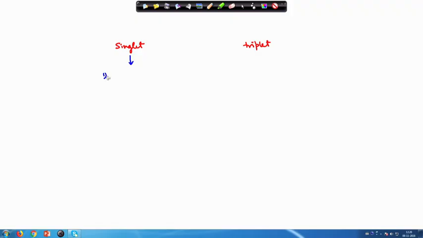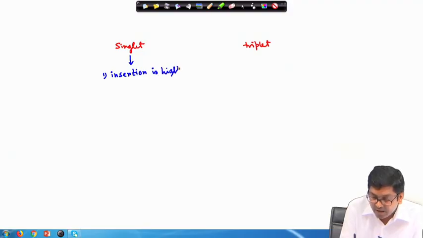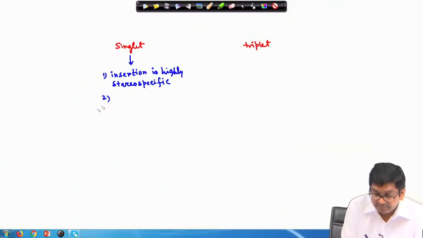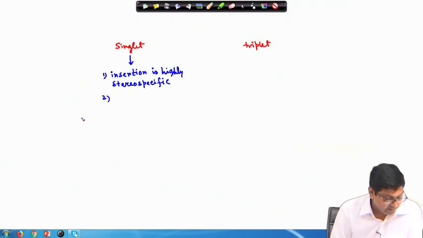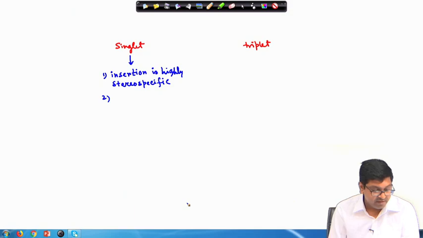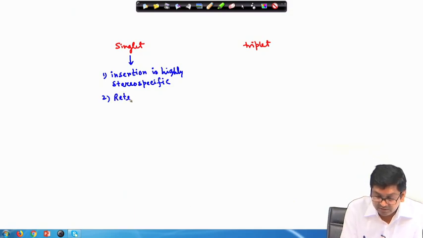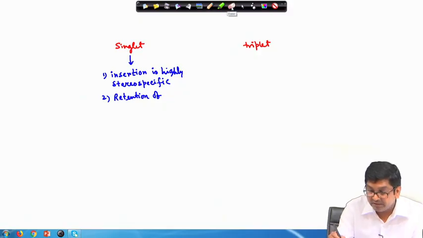So what we can say is that the insertion is highly stereospecific, and number 2 is that these reactions will give retention of configuration.